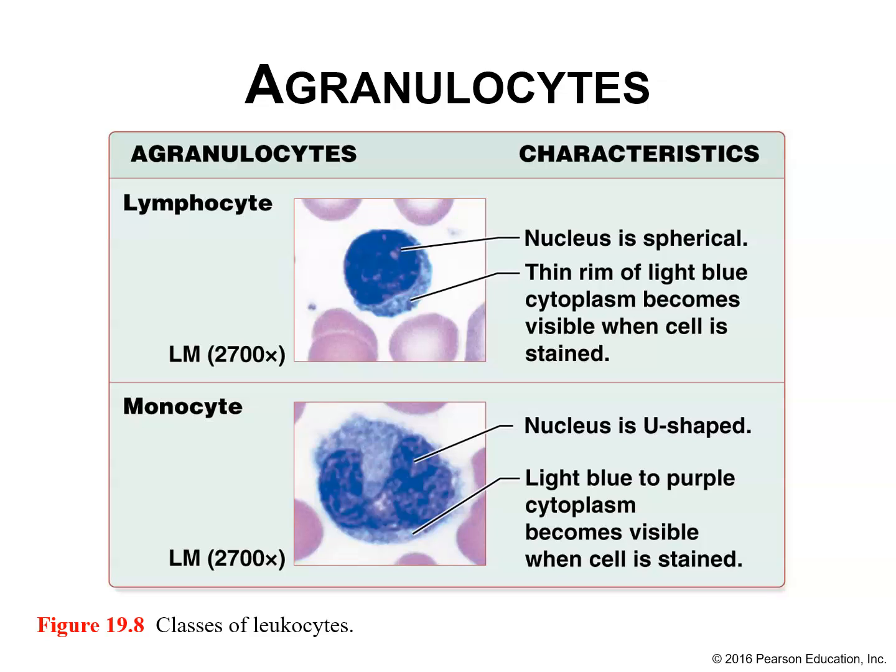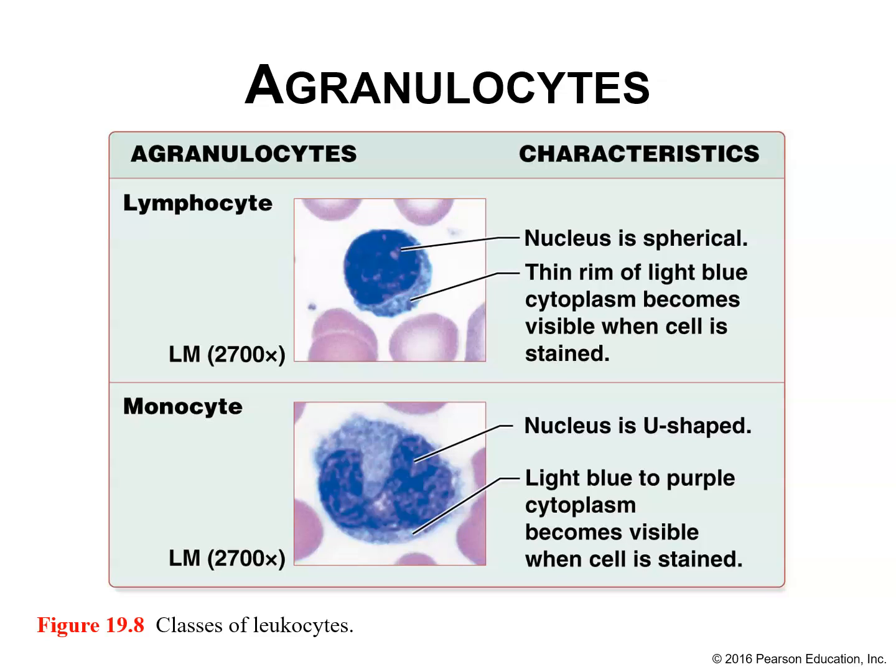So this is basically a lymphocyte. Remember, they represent between 20 and 25% of your total white blood cells. The nucleus is generally spherical with a thin rim of light blue cytoplasm, and of course, it becomes visible when it's stained with hematoxylin stain. Remember, lymphocytes are subdivided into B cells and T cells.